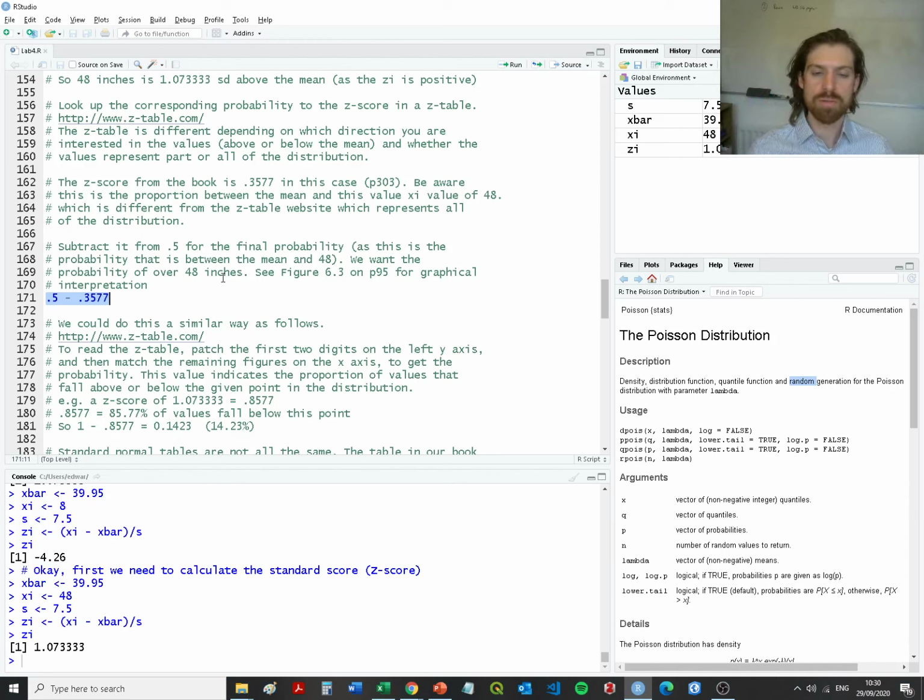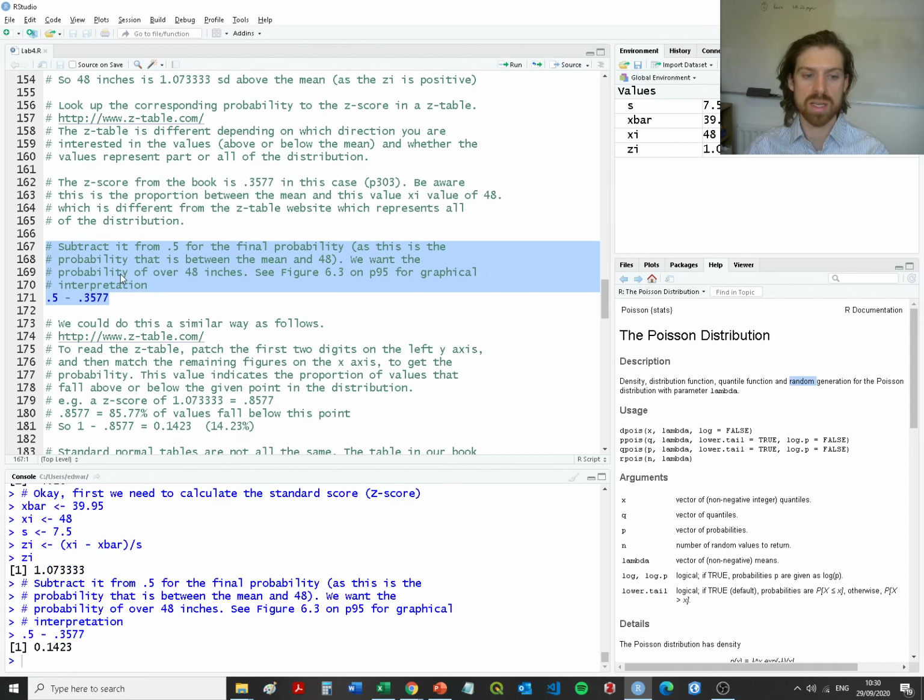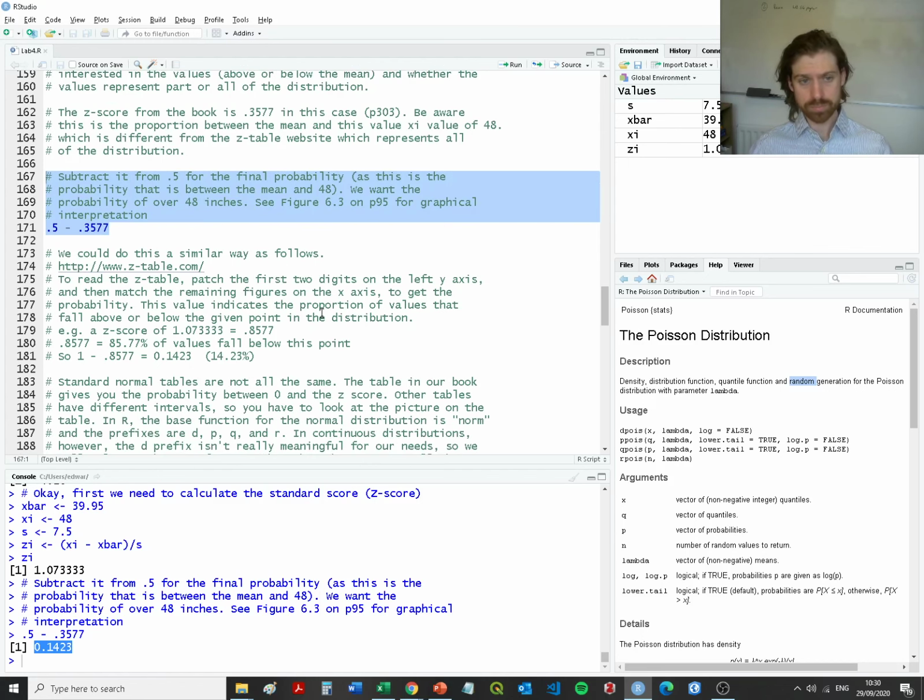Okay, and I've referred you back to this figure so you can understand graphically what we're doing here. But when we do this, we end up with 0.1423, so a 14% chance that in any one year the amount of rain that will fall is above the 48 inches level that we specified.